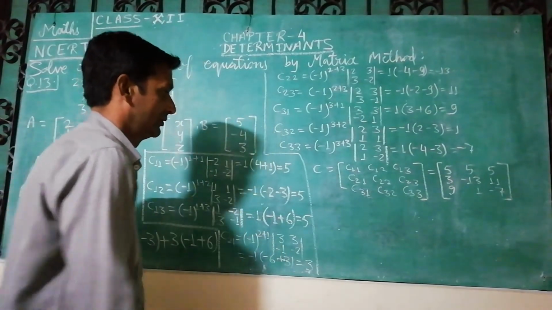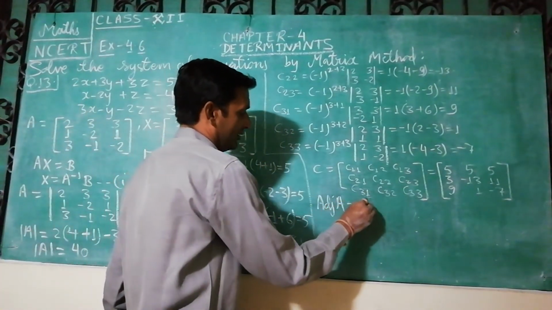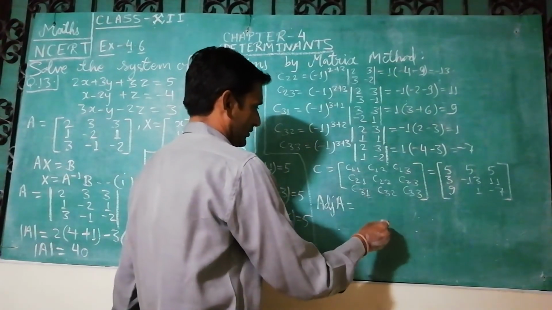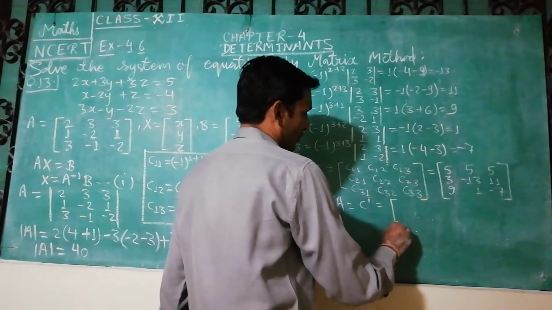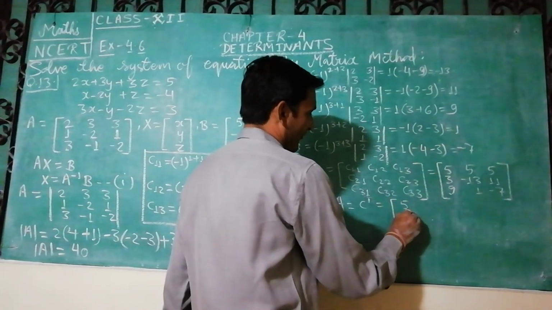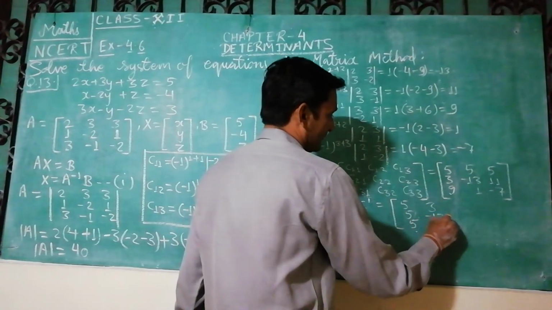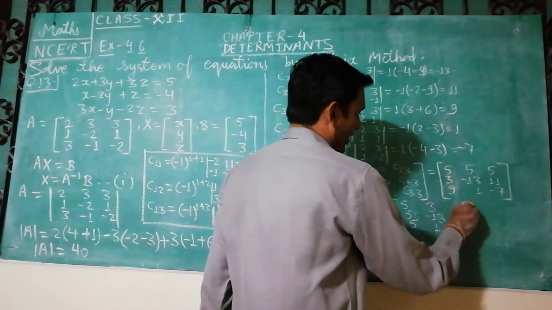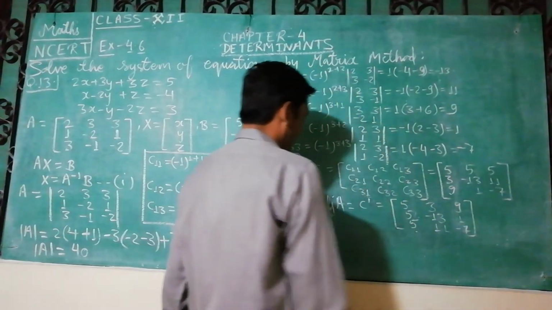Now, adjoint of A. Adjoint of A is equal to C dash. That is equal to this: 5, 5, 5 will be written in a column here. 3 minus 13 and 11 in the second column. And now 9, 1 minus 7 is in the third column. Now we have to find A inverse.